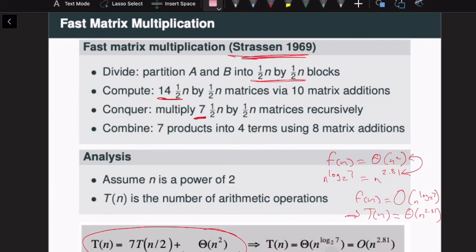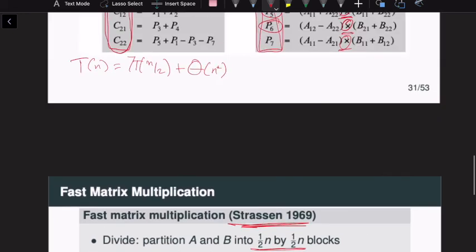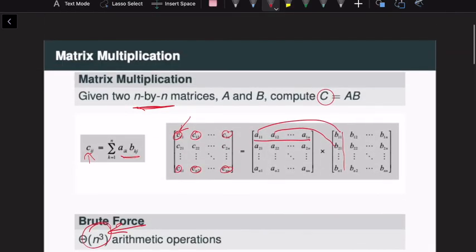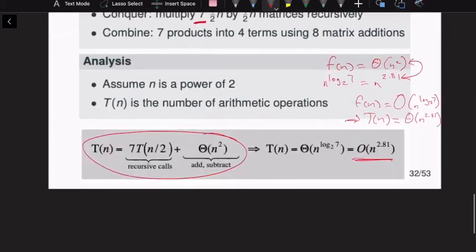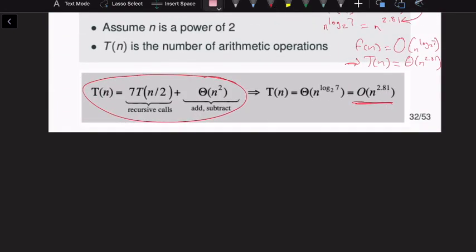And it turns out that this order n to the 2.81 is faster than our brute force algorithm, which was order n cubed.